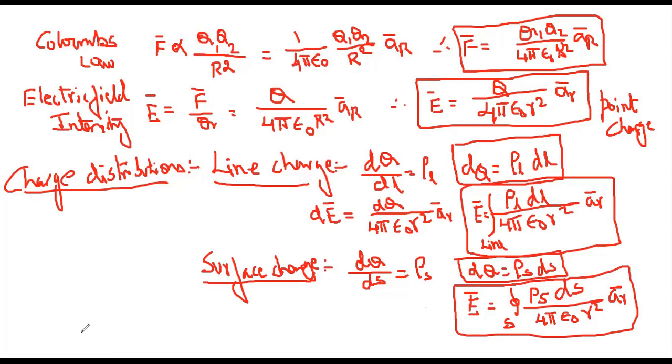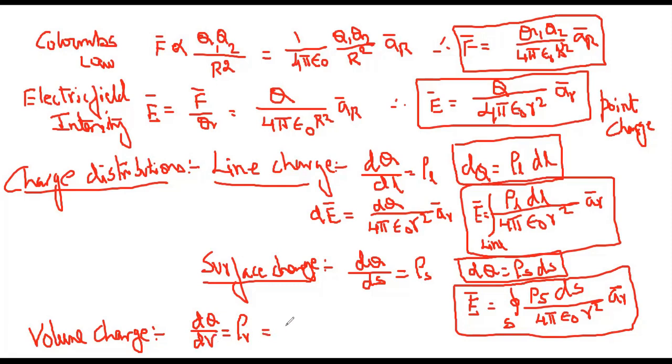Similarly, the volume charge, another charge distribution. Volume charge is also the same, dq by dv is equal to rho v. So what is rho v? The charge is in coulombs and the volume is meter into meter into meter, three sides, so it's meter cube.